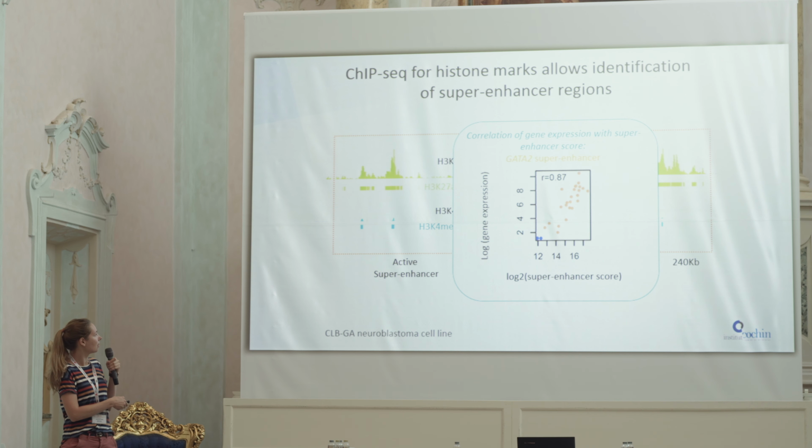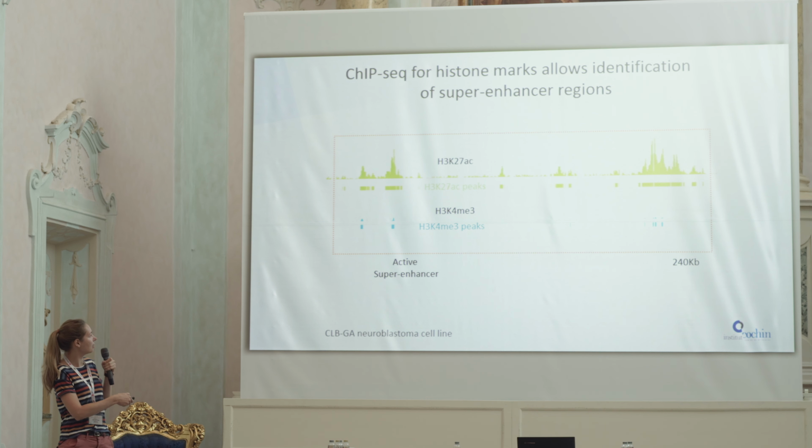And the common way to identify the super enhancers is to first find candidate regions that have a lot of marks. And the way to do it is to do peak calling. Peak calling is a part of ChIP-seq analysis.